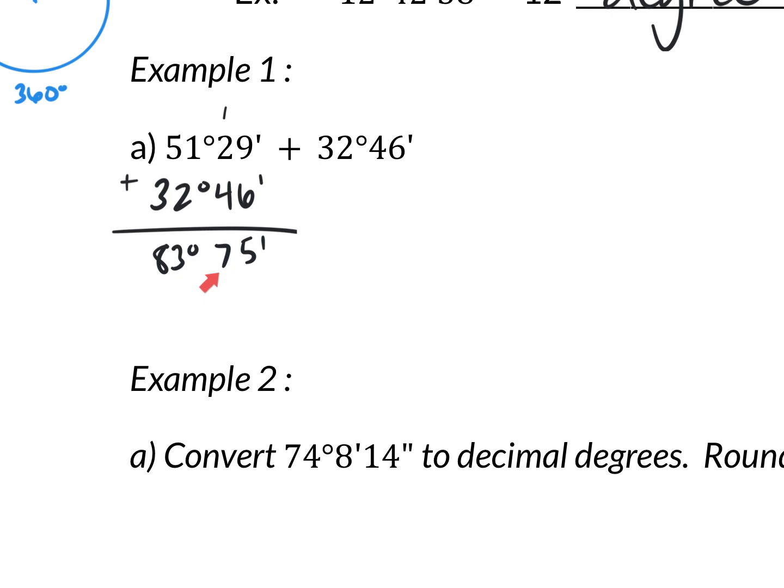If I have more than 60 minutes, I can add 1 to my degrees and then subtract 60 from my minutes. Okay, so this is the same thing as 84 degrees because I'm subtracting 60 from this and adding 1 to this. And then I'm going to have 15 minutes left over. So it'd be 84 degrees, 15 minutes is the answer to this problem.